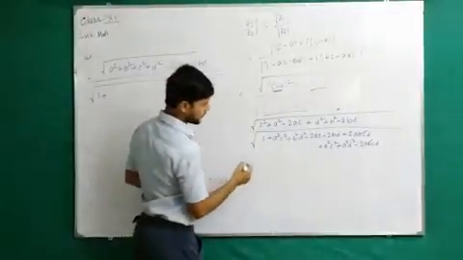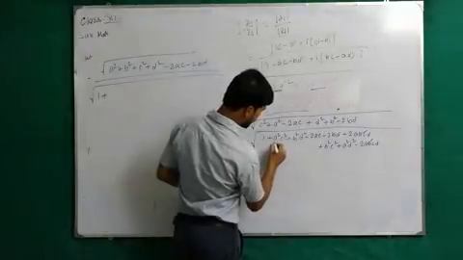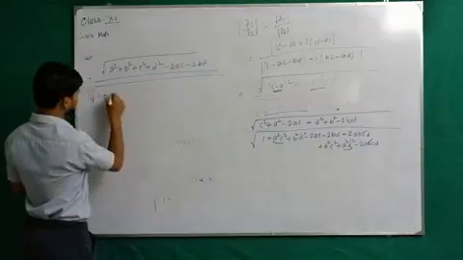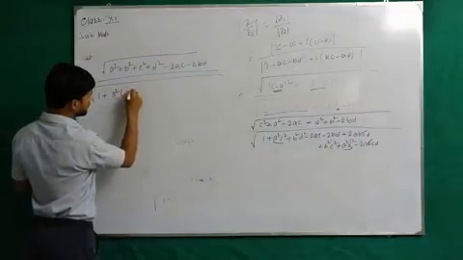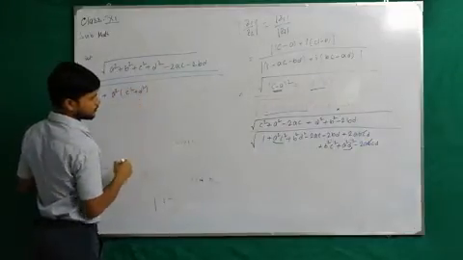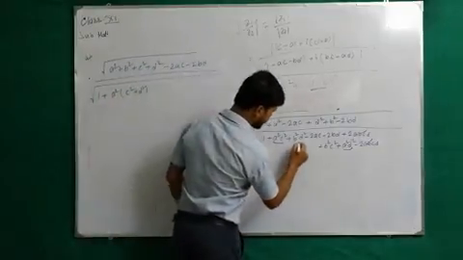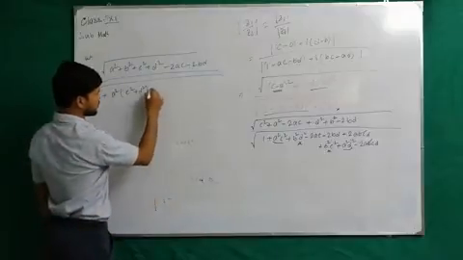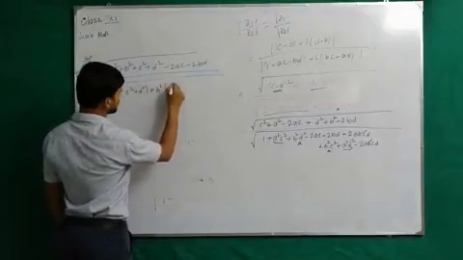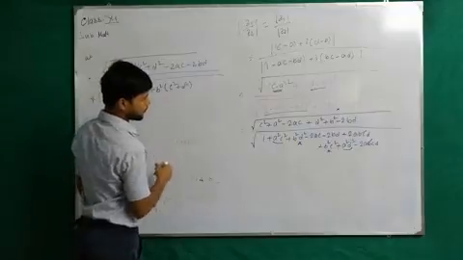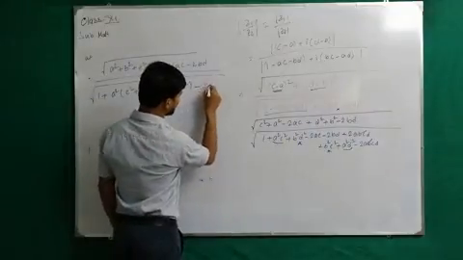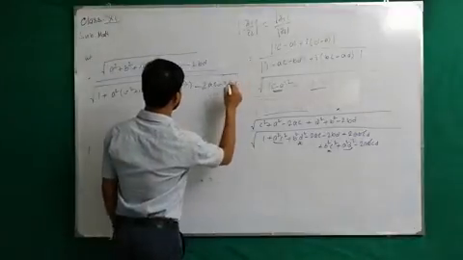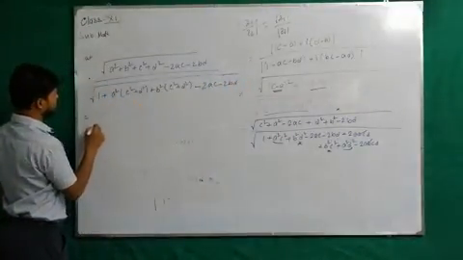Now if I take A square common from this term and this term, then we have A square into (C square plus D square), and if we take B square common from here and here, we have B square into (C square plus D square), and remaining two terms are minus 2AC minus 2BD.